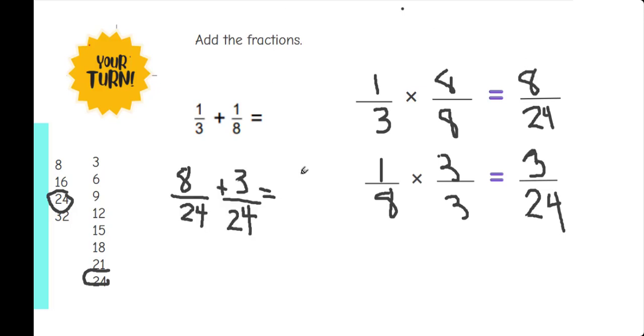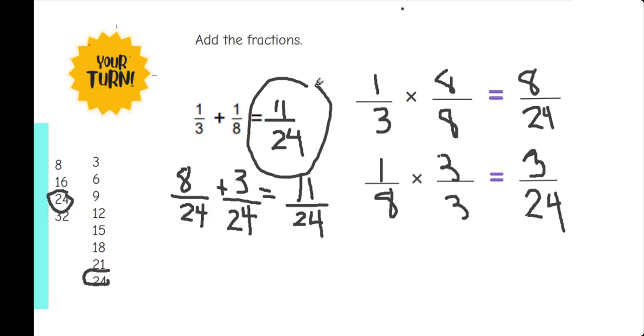I wrote them out. 8 plus 3 is 11, and I can add them because 24 stays the same at the bottom, and they both have the same denominator. If 8/24 plus 3/24 equals 11 over 24, then 1/3 plus 1/8 equals the same because they're equivalent fractions. This one is a fraction, and it's simplified.